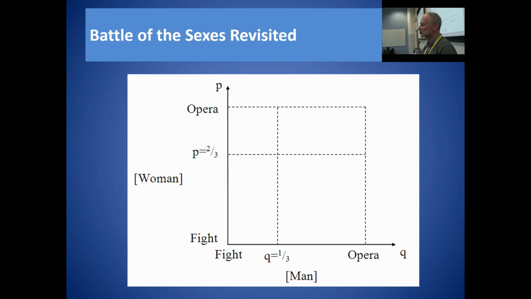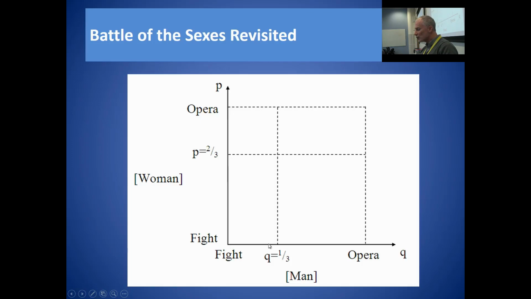Let's start off initially for the woman. Now, for the woman, what she chooses to do depends on Q, the probability with which the man goes to the opera. So, we identified that crucial probability of Q equals 1/3.